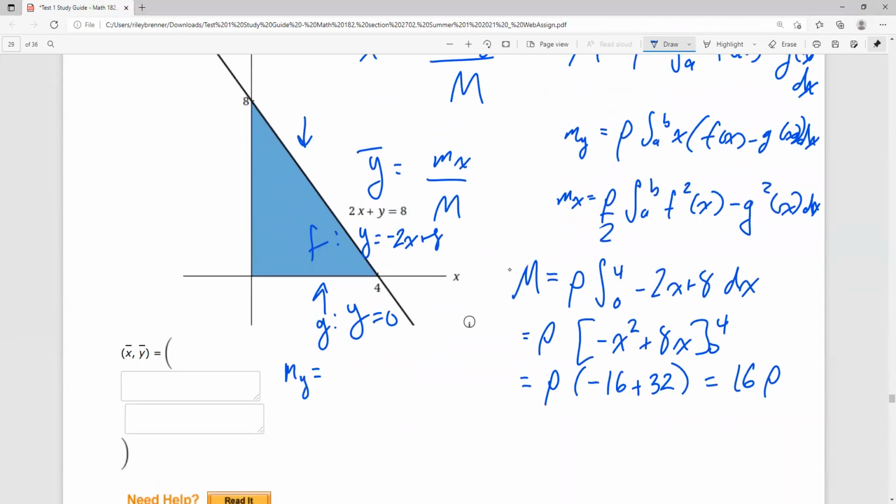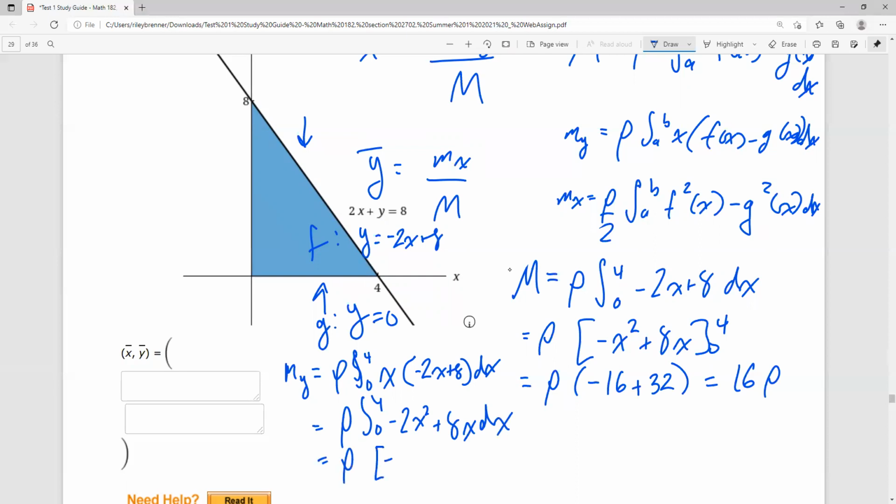My is equal to rho integral from 0 to 4 of x. Again, gx is 0, so it's just x times fx. So it's x times negative 2x plus 8 dx. Simplify this further. Rho, 0 to 4 of negative 2x squared plus 8x dx. This becomes rho of negative 2 over 3 x cubed plus 4x squared from 0 to 4.